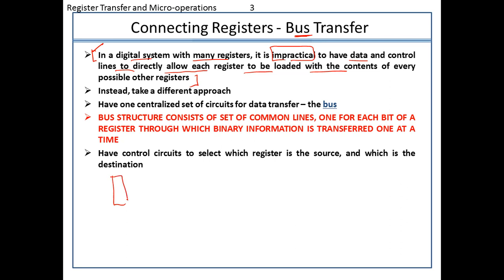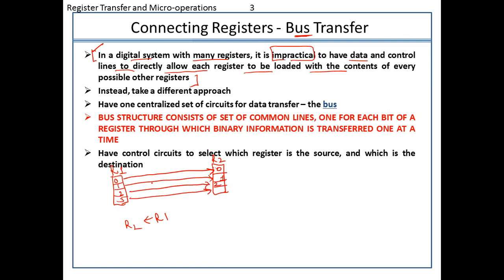What we have learned so far is that if there is a register, let's suppose R1, which has 4 bits, and it wants to transfer its data to another register, R2, how can I perform that? The zeroth bit position will be copied to the zeroth position of R2, the first bit to the first, the second bit to the second, and so on.